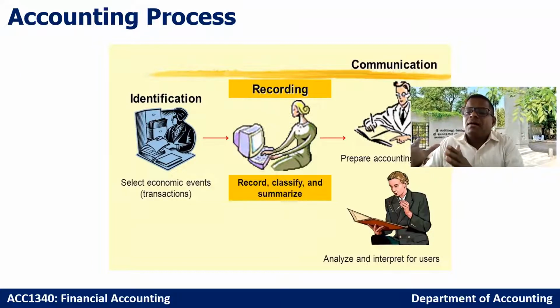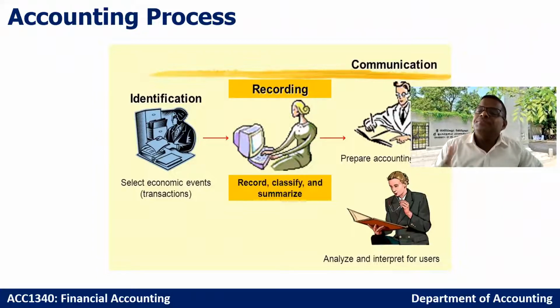But when we prepare financial statements manually, it's very difficult to update your ledger accounts every day. You can't see the balance of each account every day because you are maintaining the ledger accounts in a book, so you need to balance the accounts. But when you have an electronic or automated system, you can find out the balance, you can analyze, and you can arrange the data whichever way you want. So you can prepare different kinds of reports.